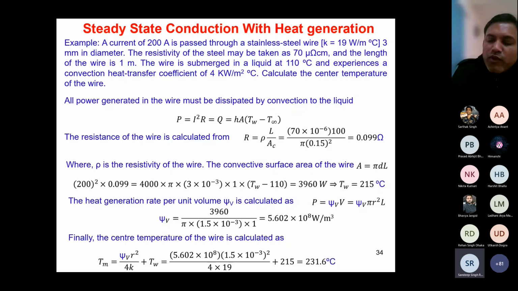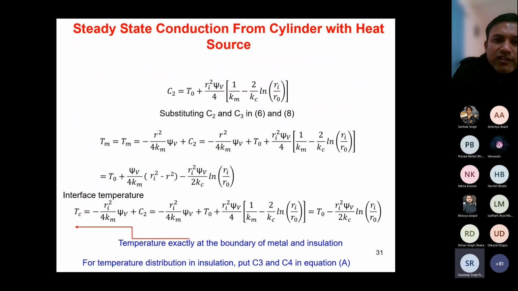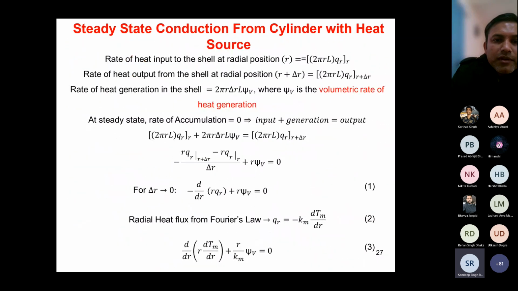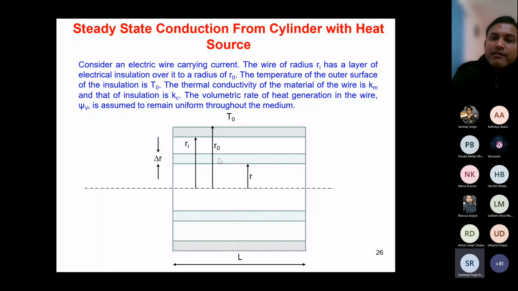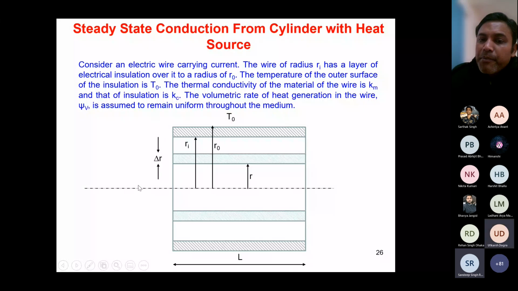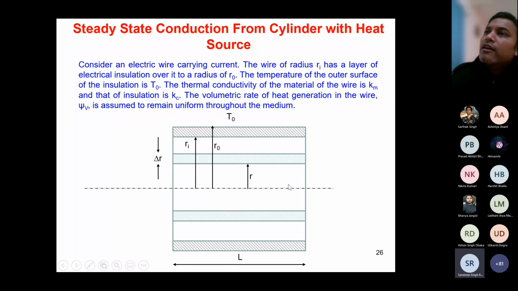This is the same system which we have looked at earlier, isn't it? There is a wire, electrical wire, through which the current is flowing, isn't it? And this bare wire is put into the water. So unlike the insulation which was there earlier, here the bare wire is put into the liquid.